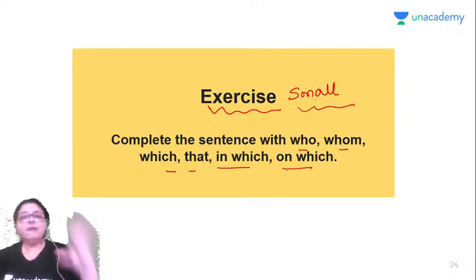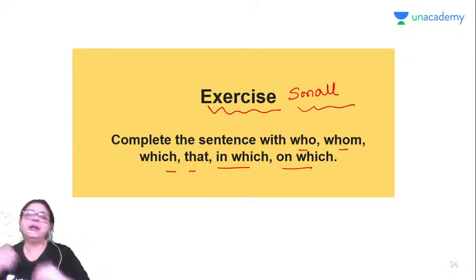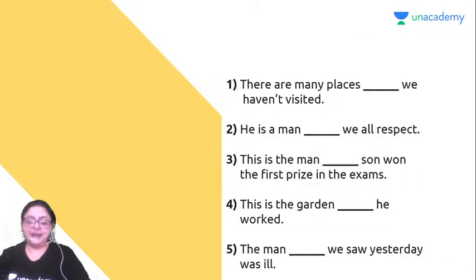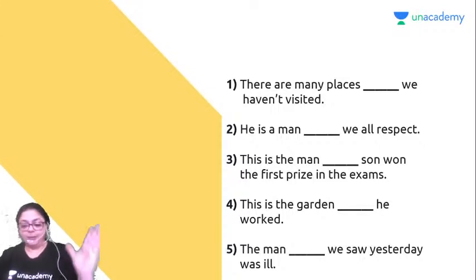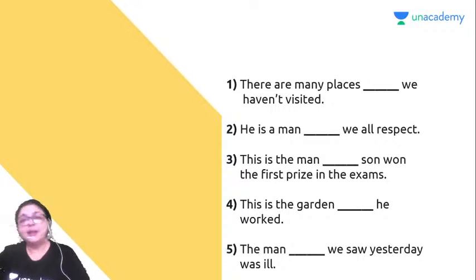Let's see which word is going to go where and understand how well we understood our clauses. First of all, I'm going to read out the sentences, and after that you are going to give me the answers. You are going to write the number, and next to that the word which is the answer. Let me see how many of you give me the correct answers.